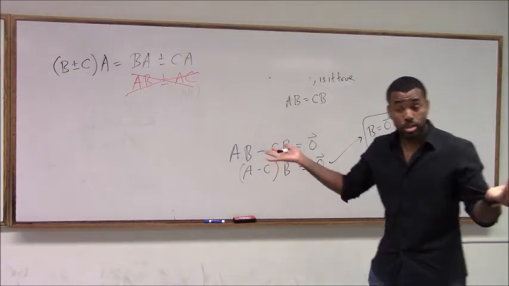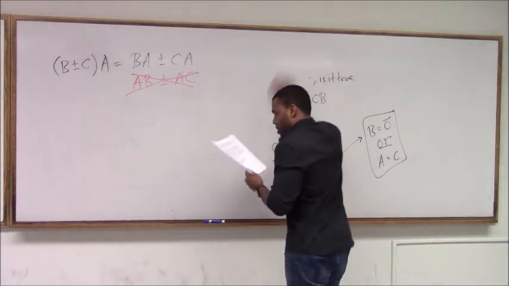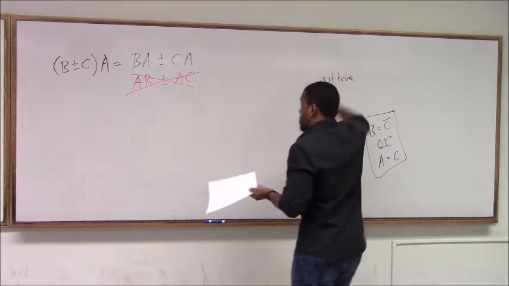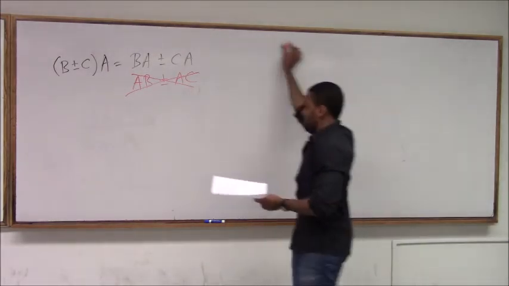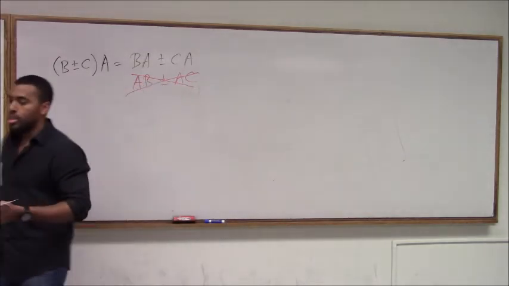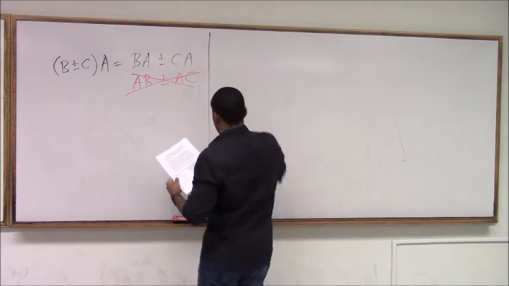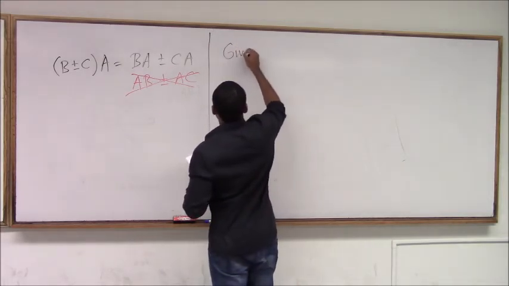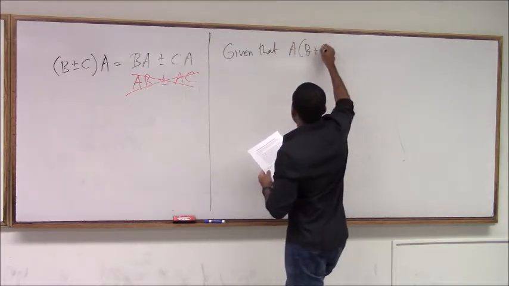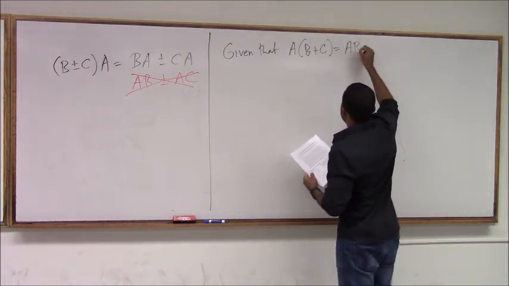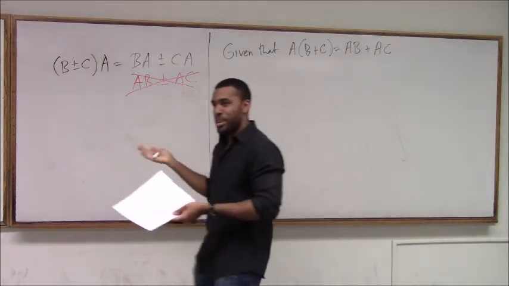so here's another kind of question that you can sort of expect. So let's look at property 4, for example. Right? So property 4 is a fact. So I can say something like, given that A times (B plus C) is equal to AB plus AC, not BA plus AC or BA plus something else.